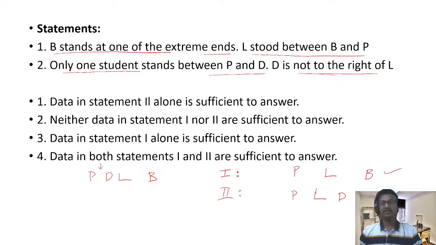D should be on the right of L. Got it? So when this is the case, is it sufficient to find the answer? Can you get the answer here? Just type your answer in this case.